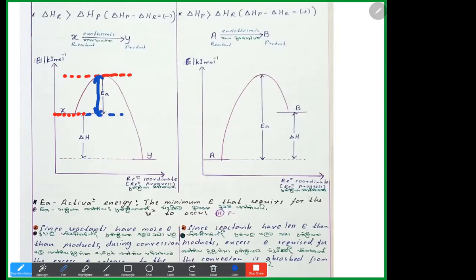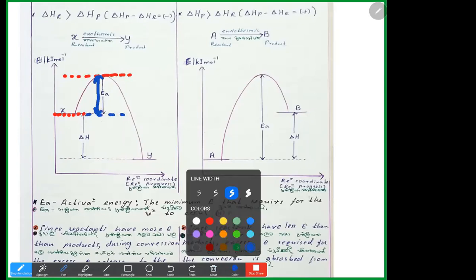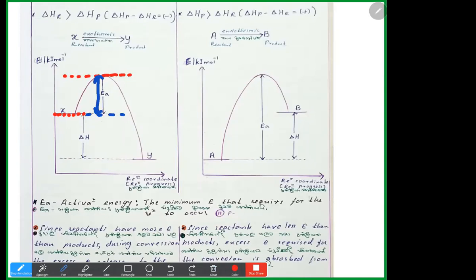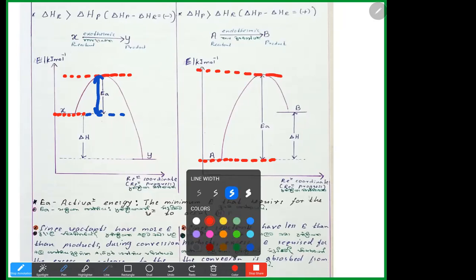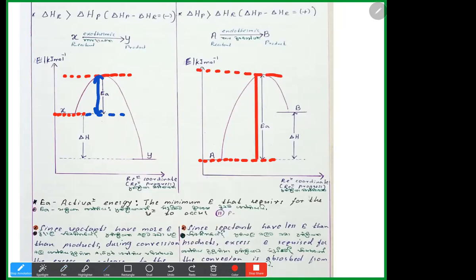The level difference between these two is the activation energy. So for endothermic, this is the initial reactant energy, and this is the highest point. Between these two, this is how you mark the activation energy.